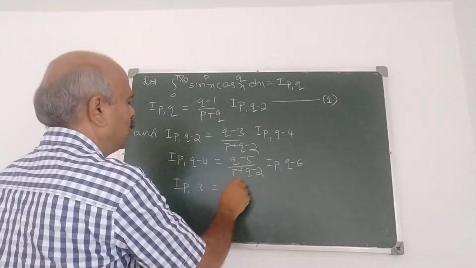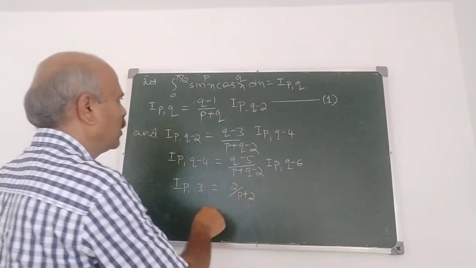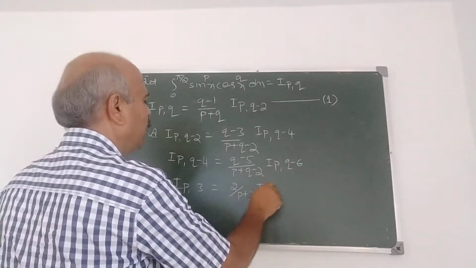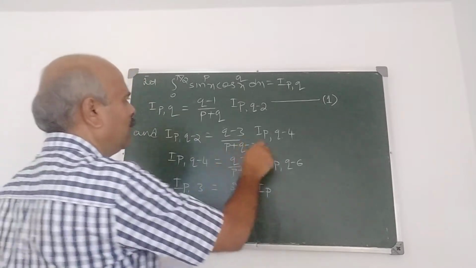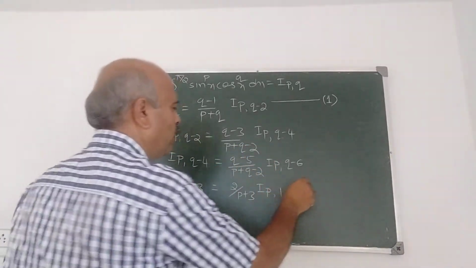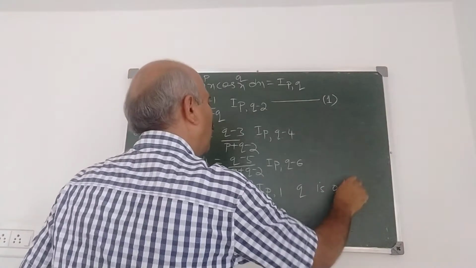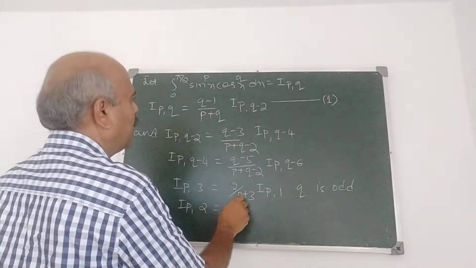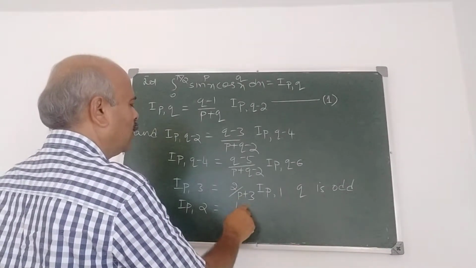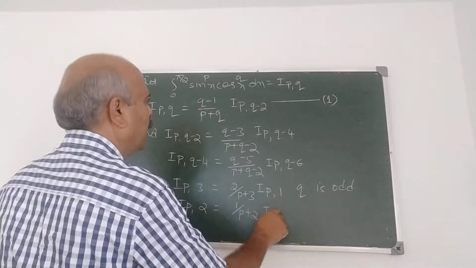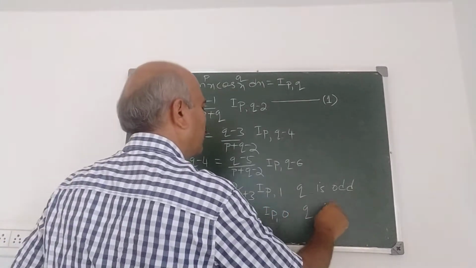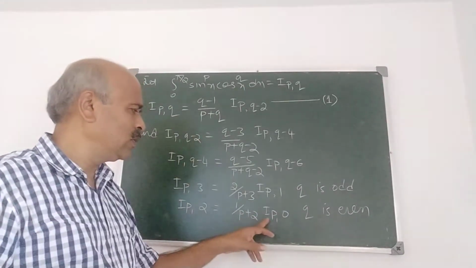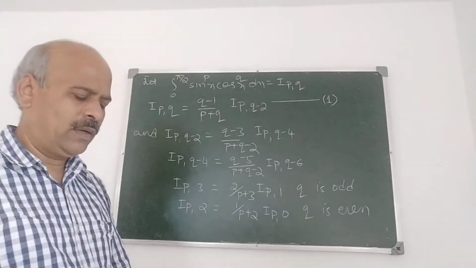It is 2 by (p plus 3) times I(p, 1) when q is odd, and I(p, 2) is 1 upon (p plus 2) times I(p, 0) when q is even.